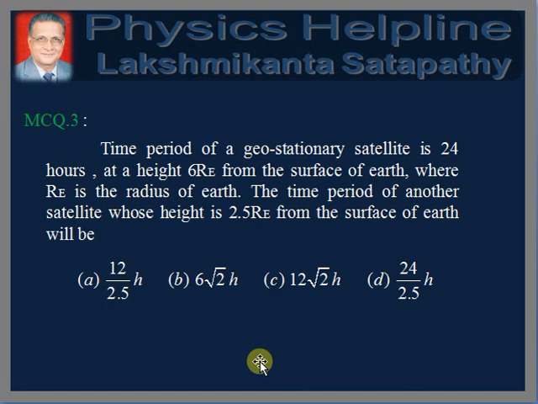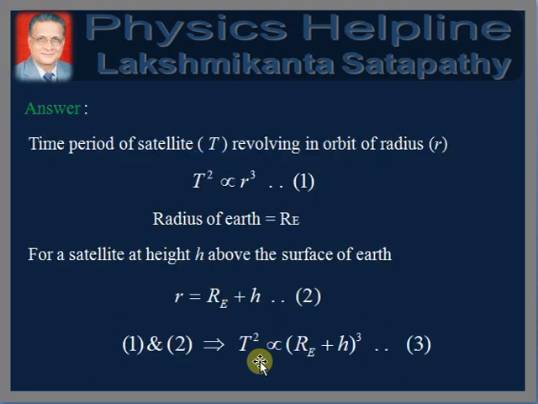Now for the answer. If the time period of a satellite is equal to t and it is revolving in an orbit of radius r, then t and r are related as t square is directly proportional to r cubed. Now radius of Earth is equal to RE.